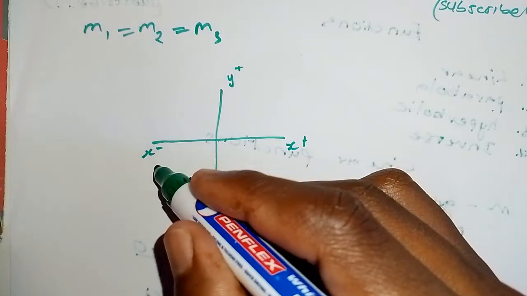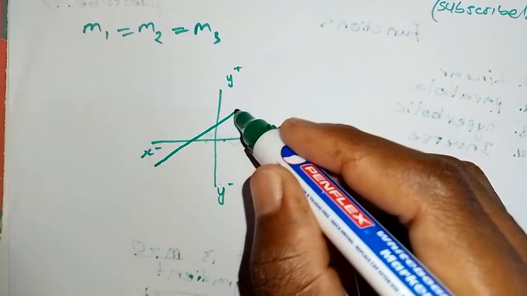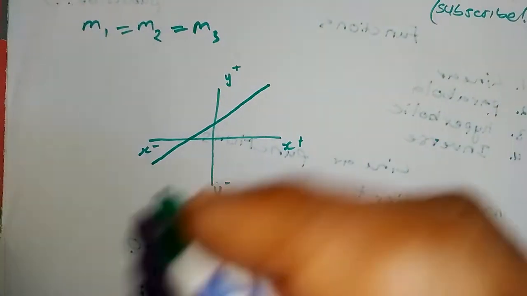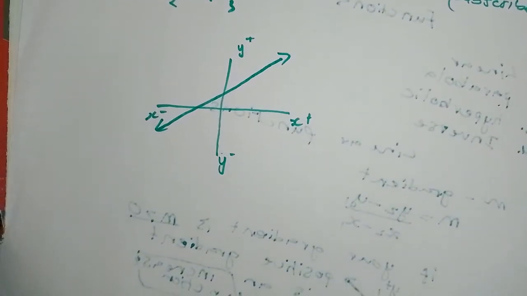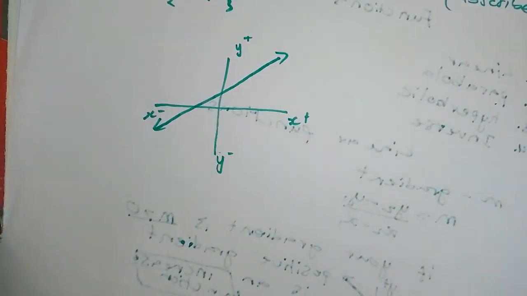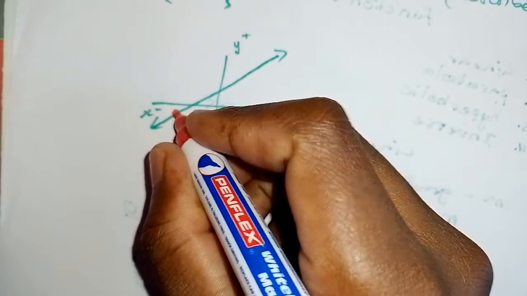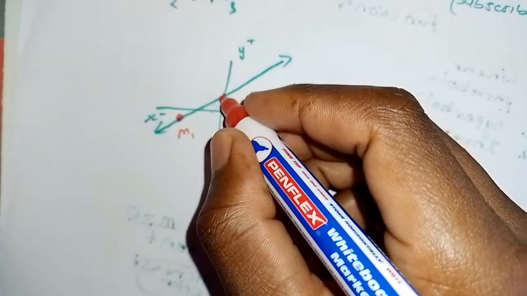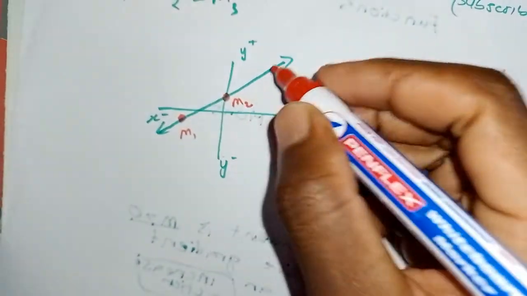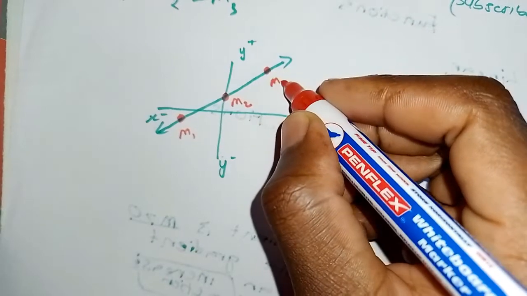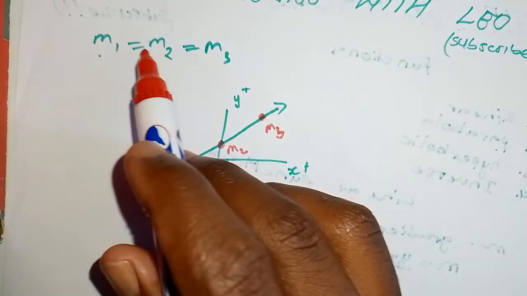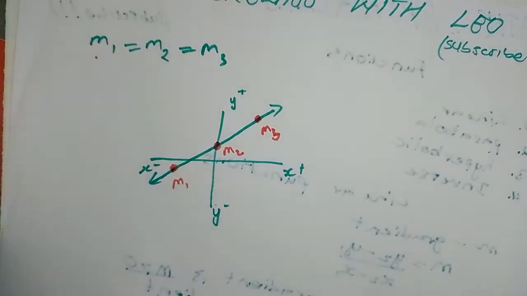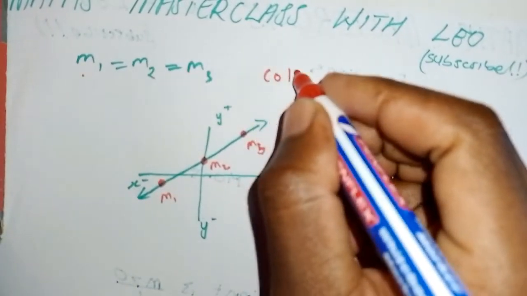Let me say I have a graph like that, right? This here is my M1. This here is my M2. This here is my M3. M1 equals M2 equals M3. Reason being, they are collinear.